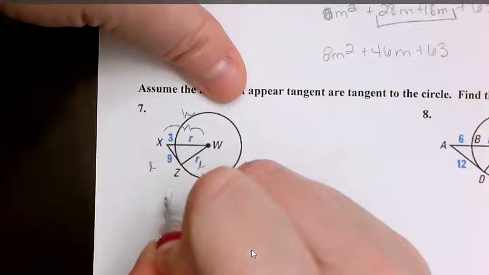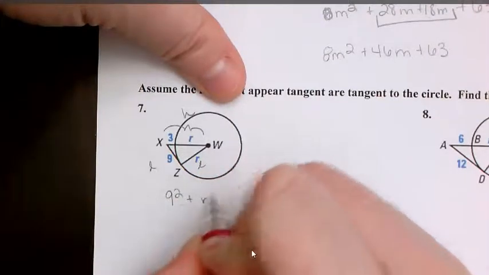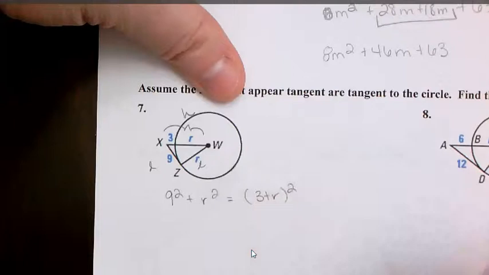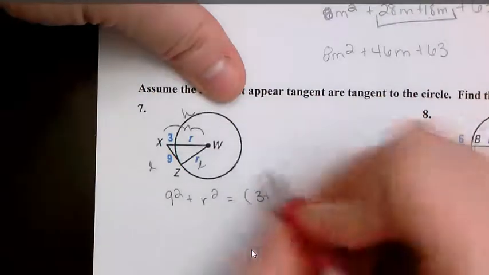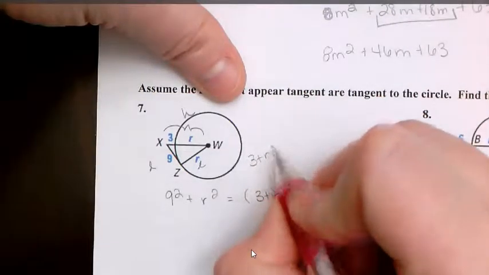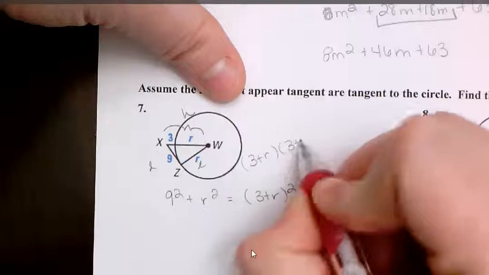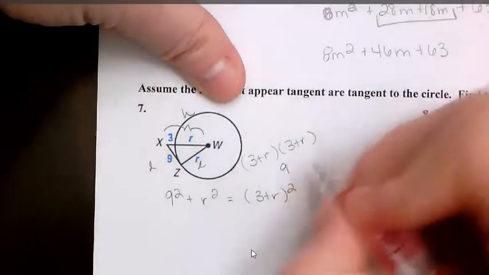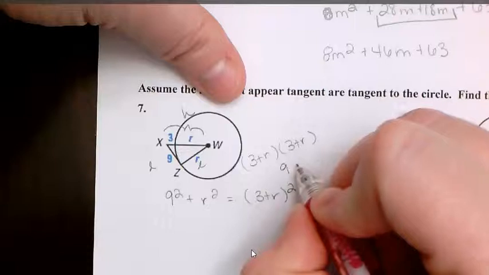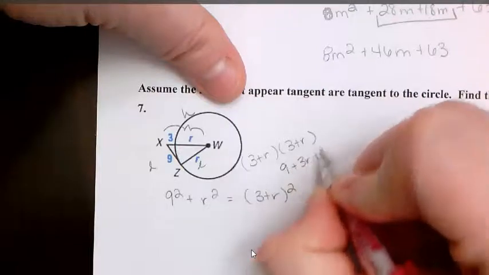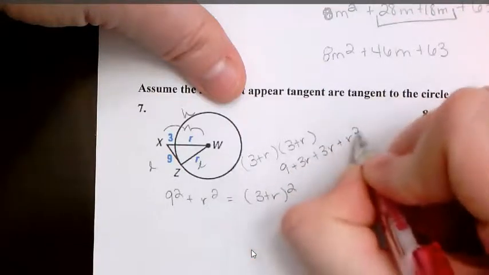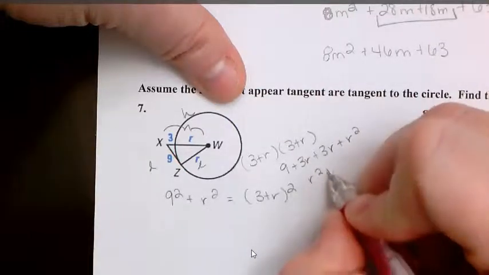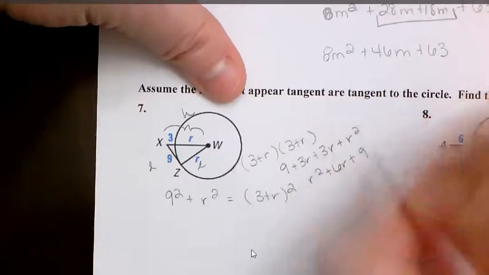So we have 9 squared plus r squared equals the quantity of 3 plus r squared. This is actually written as 3 plus r times 3 plus r. So you actually need to multiply that out. Order doesn't matter. 9 plus 3r plus 3r plus r squared. So we write it as r squared plus 6r plus 9.